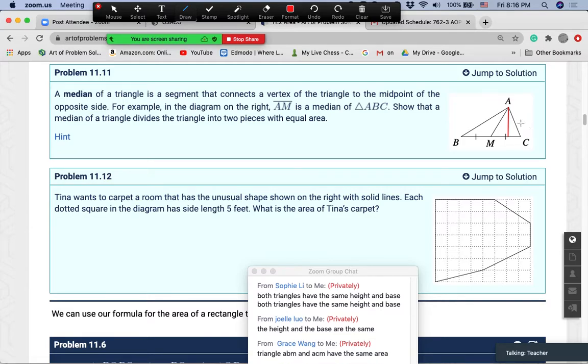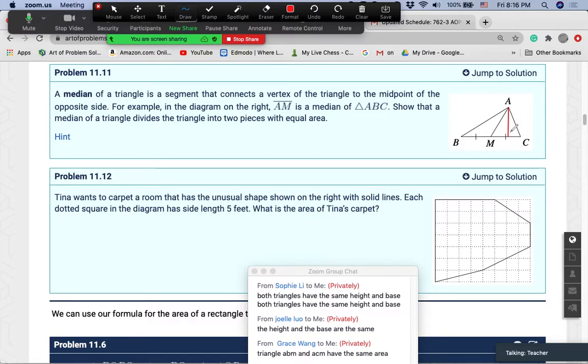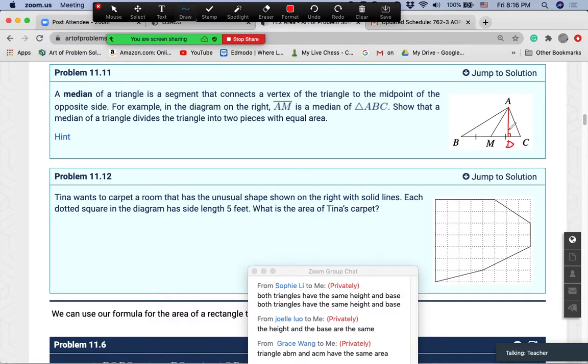Suppose they intersect with BC at a point D. Then this AD is not only the height of triangle ABM, it also is the height of triangle AMC. So these two triangles have the same base, same height.